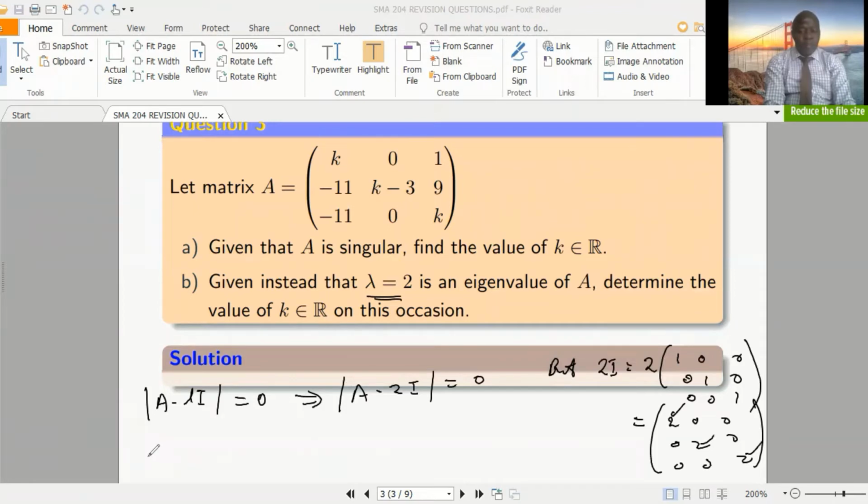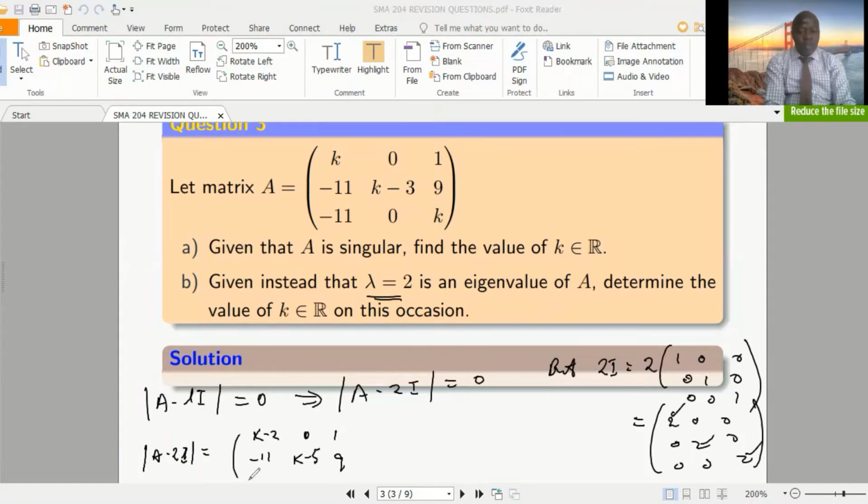That means the determinant of A minus 2I will be the same as, if I subtract 2 from the leading diagonal, K minus 2, 0, 1. And this will be negative 11. This will be K minus 5. And this will be 9.